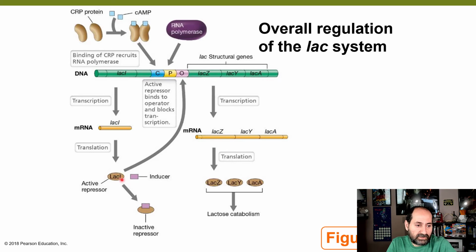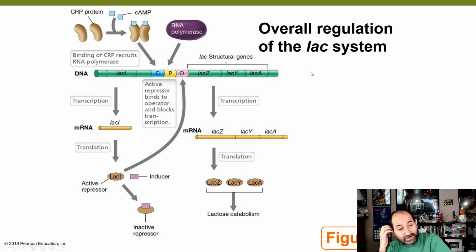Remember the repressor for the lac system. If the lac repressor is active, it can repress the lac operon, and if allolactose, the inducer, is around, that makes the lacI repressor inactive, allowing for gene expression of the lac operon.